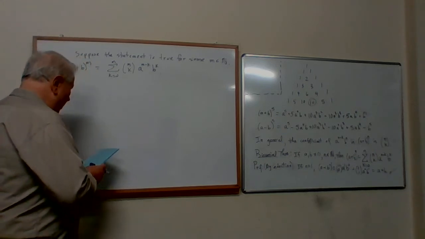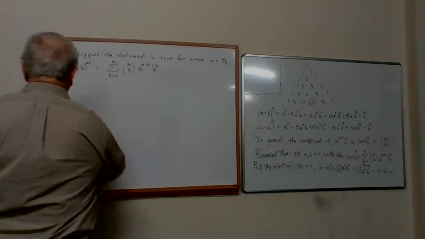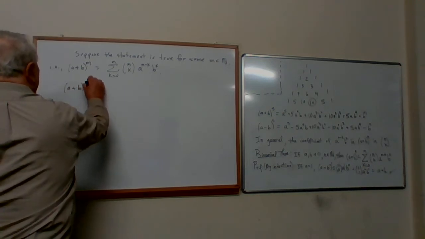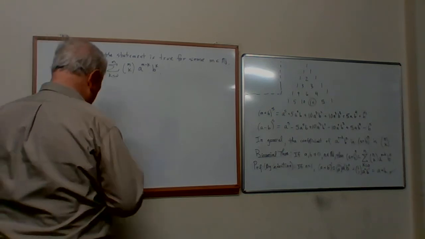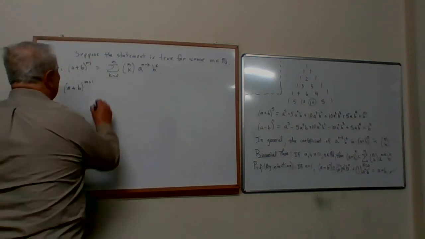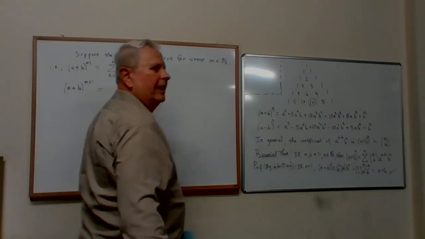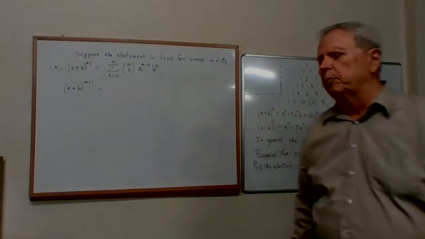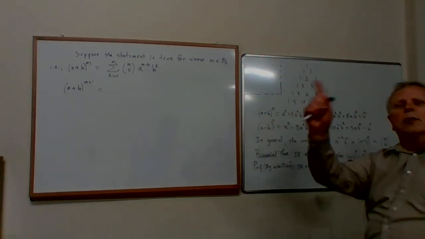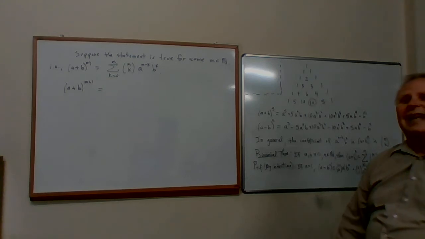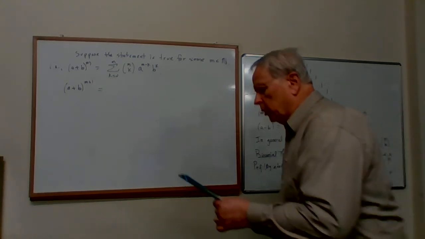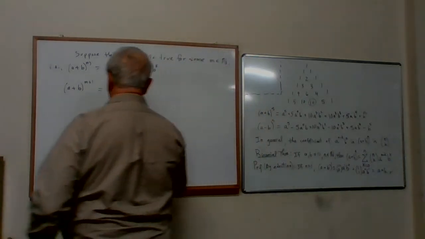So we do this the way that we've always done it. A plus b to the m plus 1. And what is that equal to? Now we're on planet m plus 1. What do we do when we get to planet m plus 1? We look back to planet m and split off what we have to split off. So we're going to split off m of those little monsters.